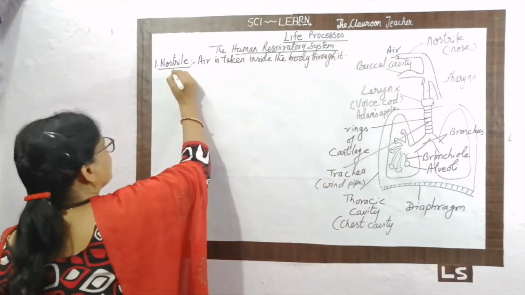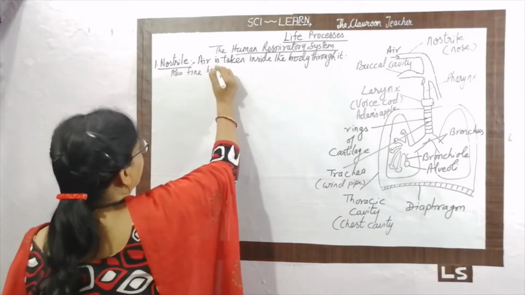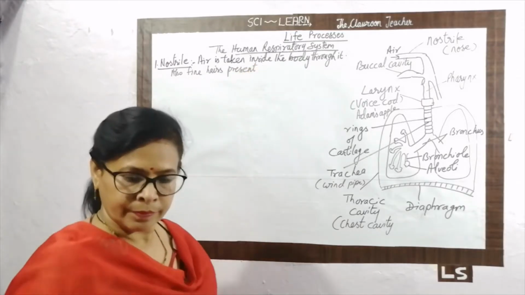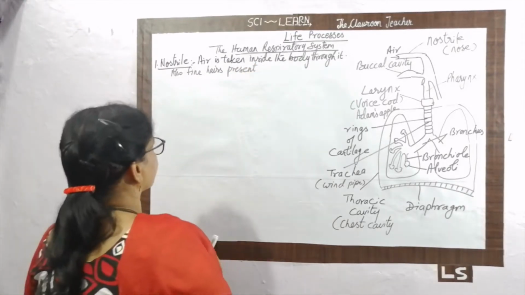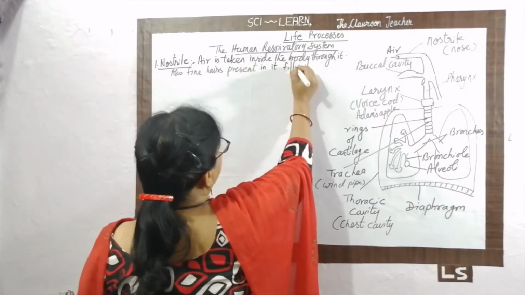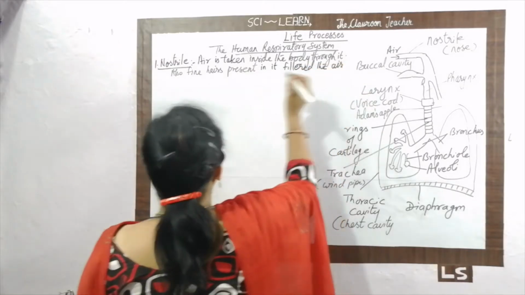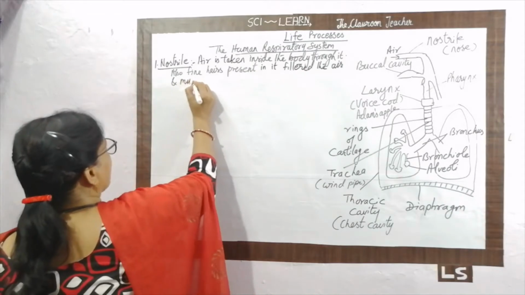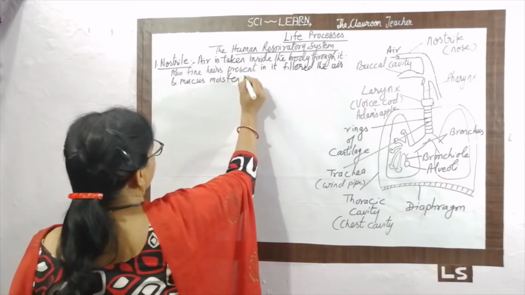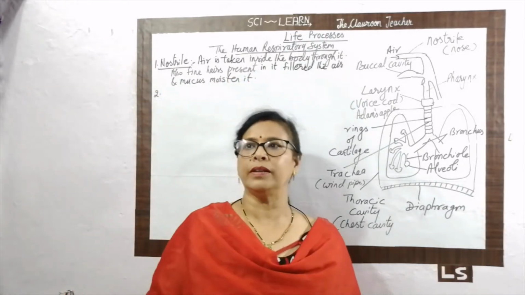Also, the fine hairs present in it filter the air, and mucus moistens it. So that is the first organ, the nostril region or the nose, which participates in this process.